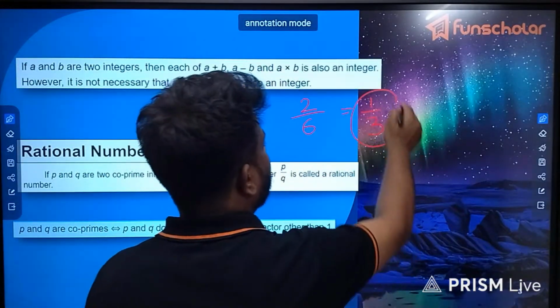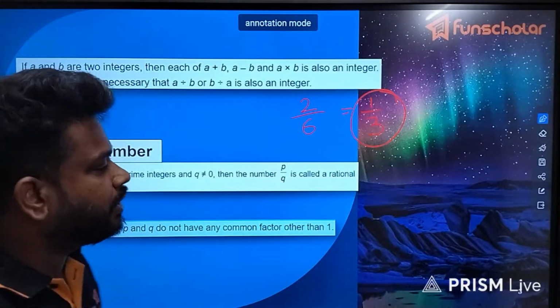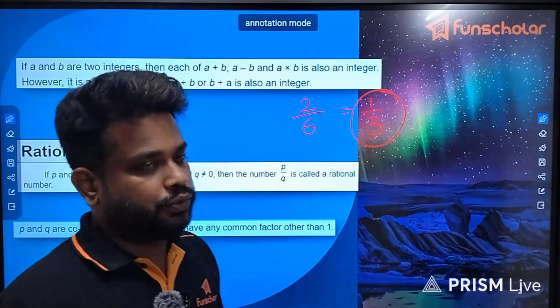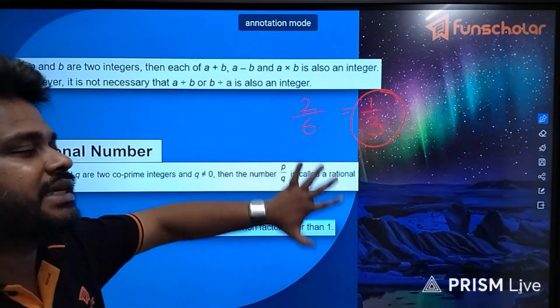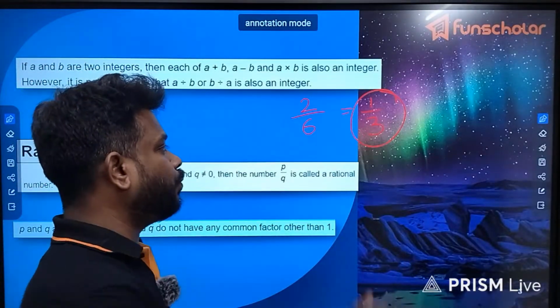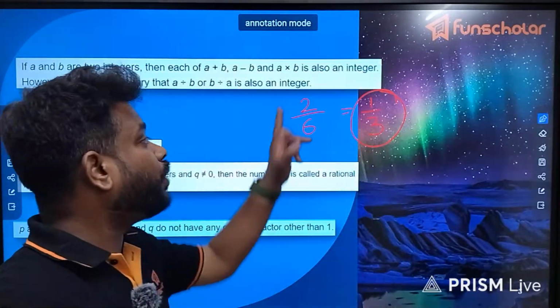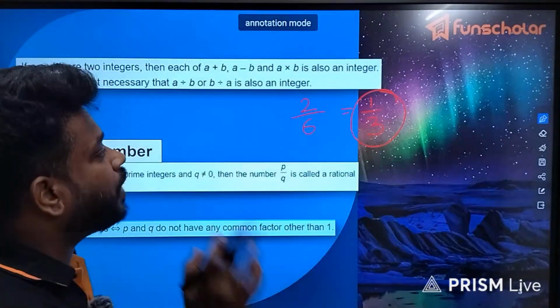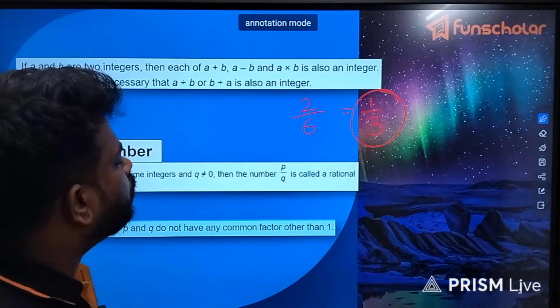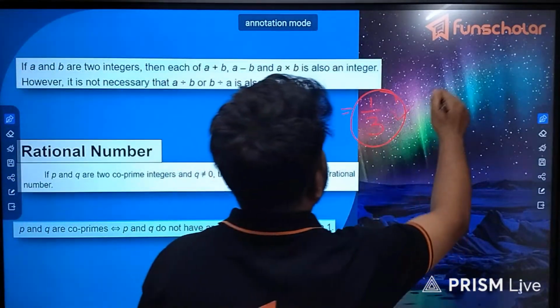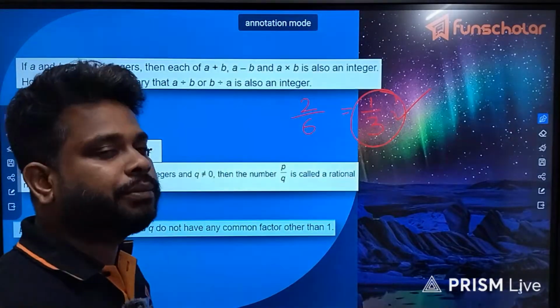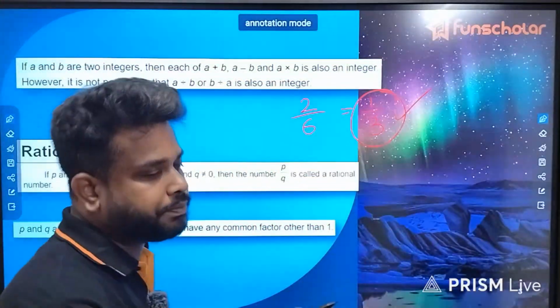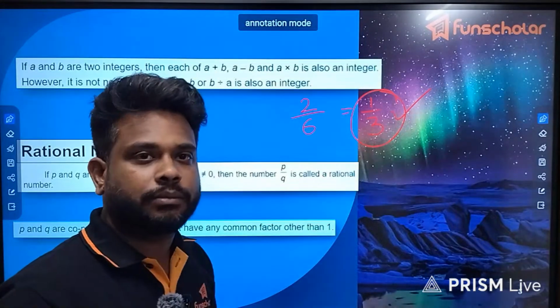This will be the final representation of a rational number by cancelling it out. 2 and 6 are not co-prime numbers, but 1 and 3 are co-prime numbers. So it is the exact, rightful representation of a rational number.